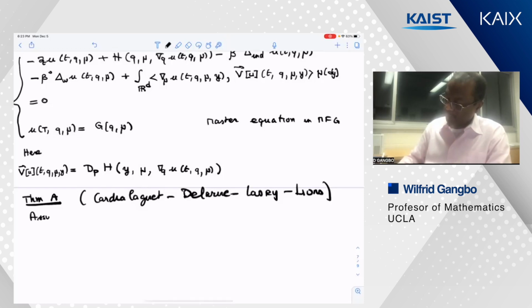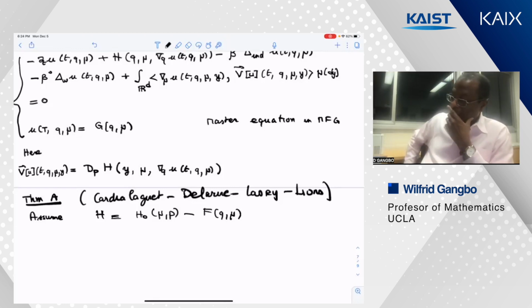Assume that H is separable, which means it can be written H naught of mu, P minus F of Q, mu.